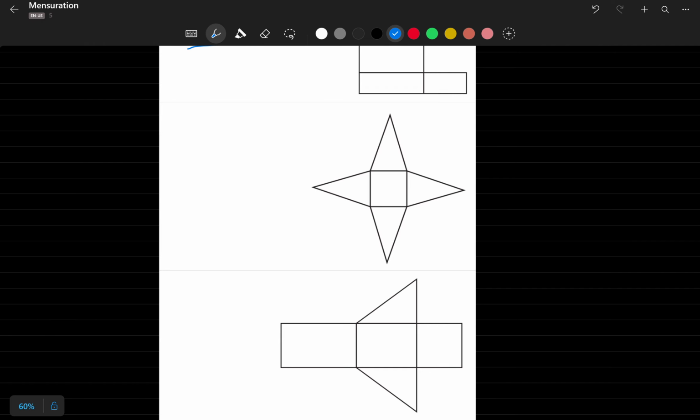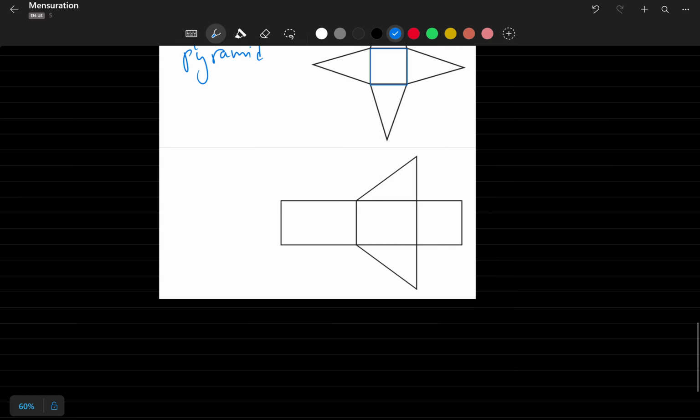The next thing is a square based pyramid. This part is the base and notice that this is a square. So this is a square based pyramid. The next thing is a triangular prism.